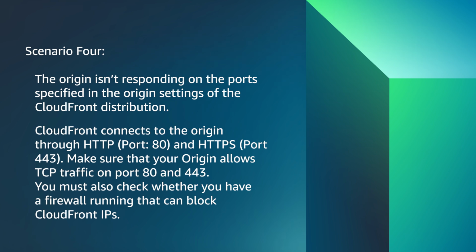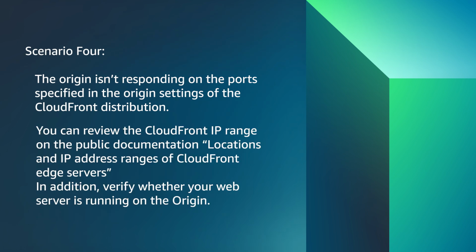You must also check whether you have a firewall running that can block CloudFront IPs. You can review the CloudFront IP range in the public documentation, Locations and IP address ranges of CloudFront edge servers. In addition, verify whether your web server is running on the origin.